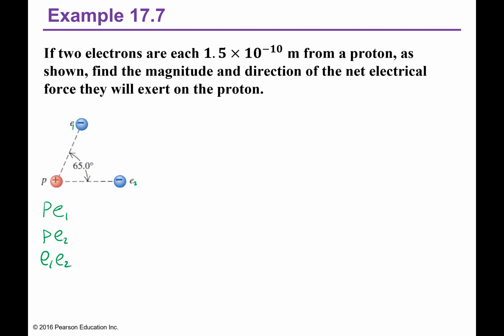They also interact with one another. But because my charge of interest is a proton, I'm only looking at the interactions that include the proton. So I ignore this interaction, and I'm only looking at those two. Proton, electron, attract; proton, electron, attract. That means I'm going to look at two attractive interactions.